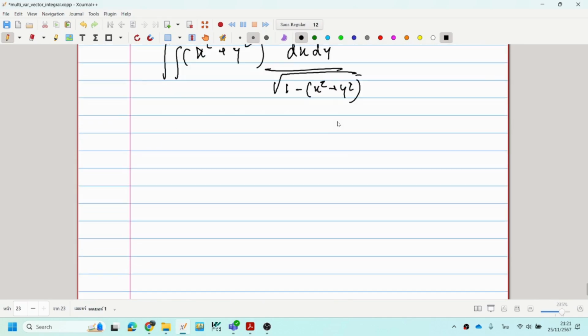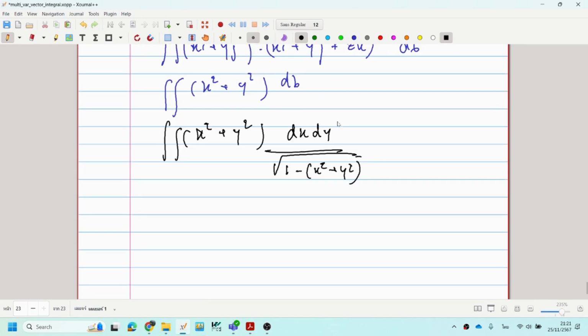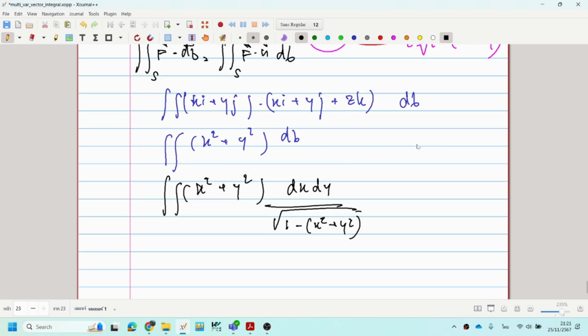Okay, I will show you what is the surface shape, x square plus y square and z square, right? Sphere, right? Okay, curve the sphere, something like this here.